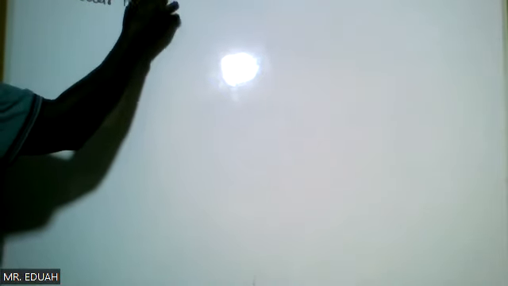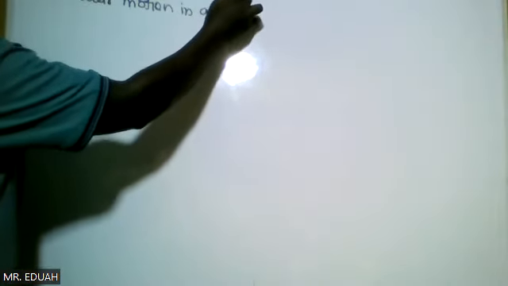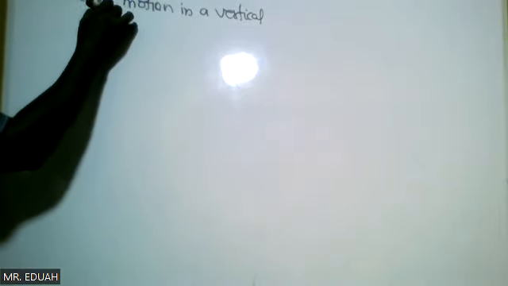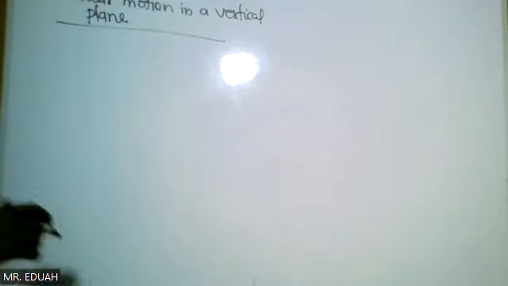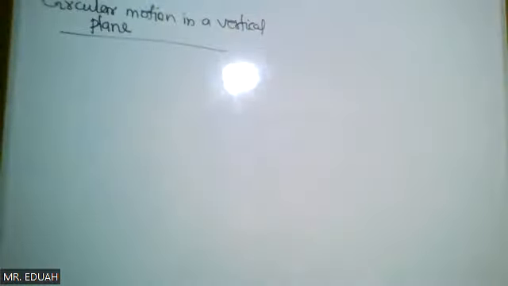Vertical circular motion in a vertical plane. So here, the circular motion simply occurs along the vertical plane.